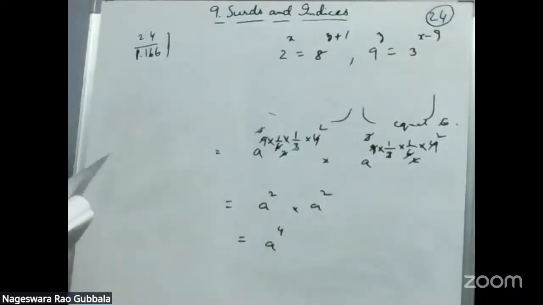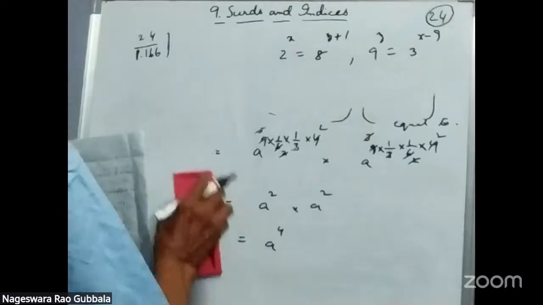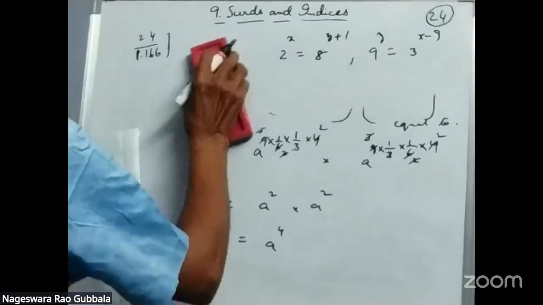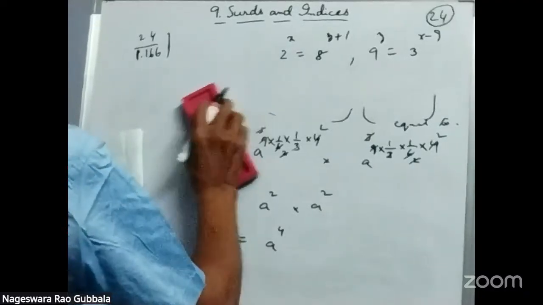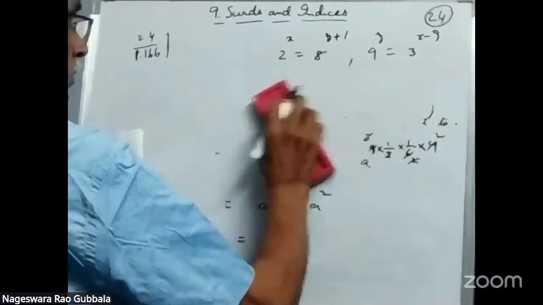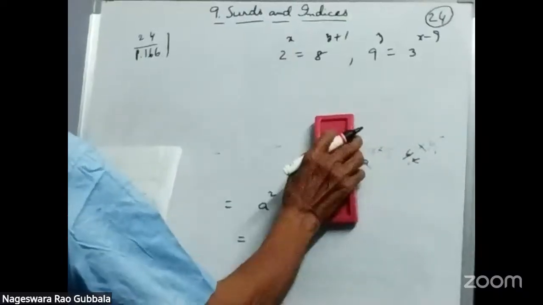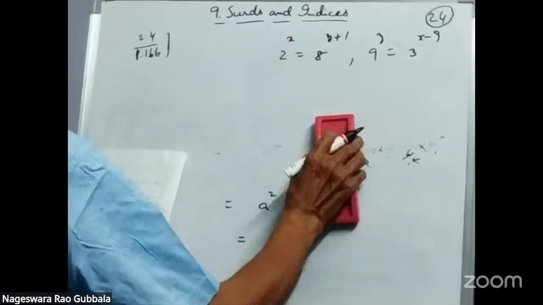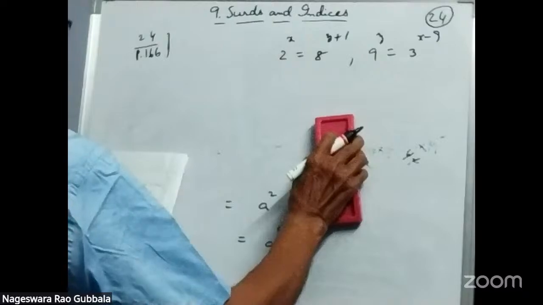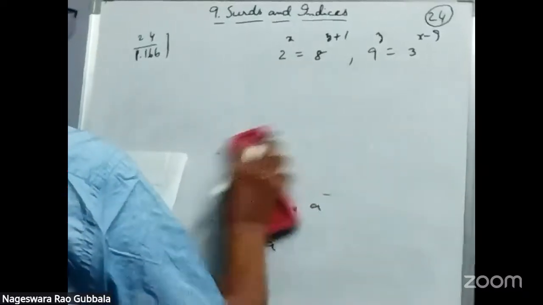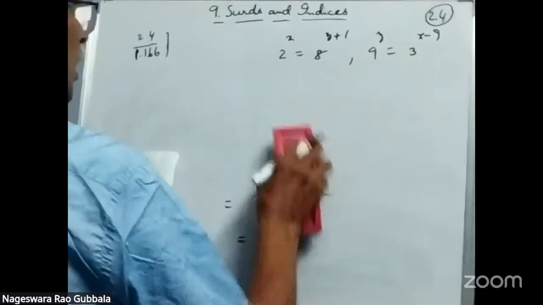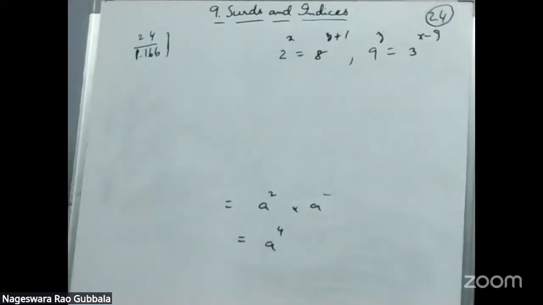This is another equation: two equations in x and y. Find the value of x plus y. Of course, after finding x and y, you can find x plus y.